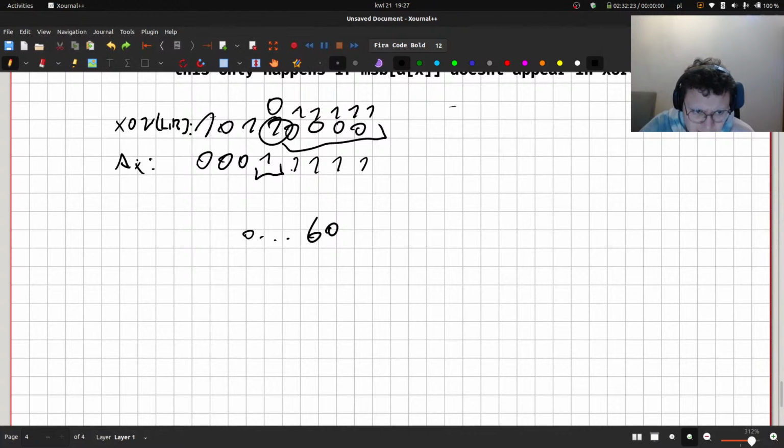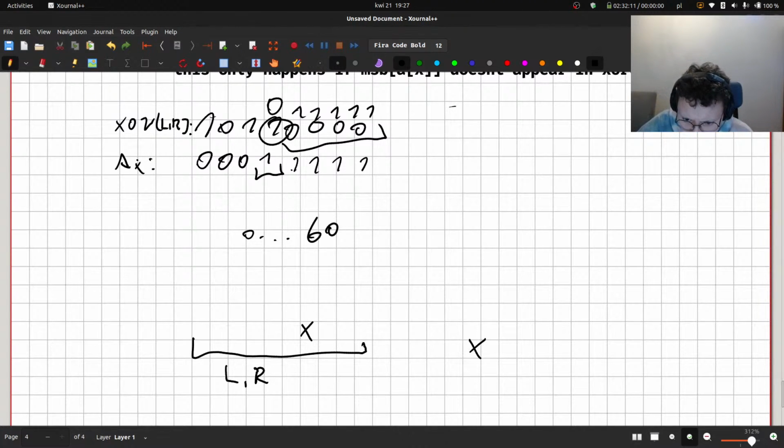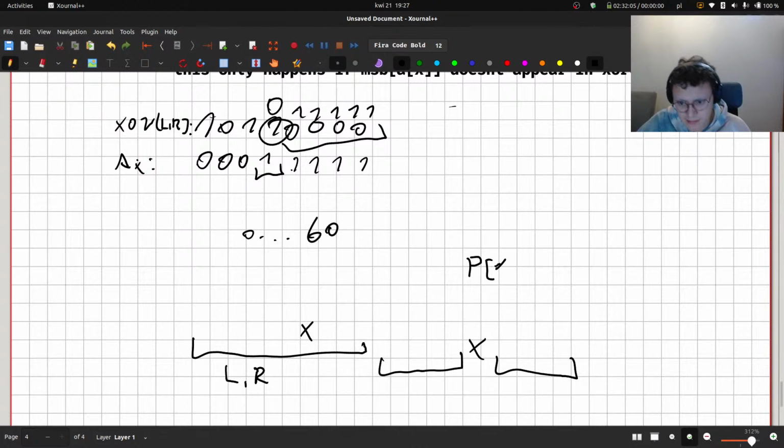Because I know that MSB won't appear in the XOR from L to R if it appears an even number of times on this interval. So we know that when we have some x and we consider those prefix sums, we want to consider the prefix from R minus the prefix from L minus 1.